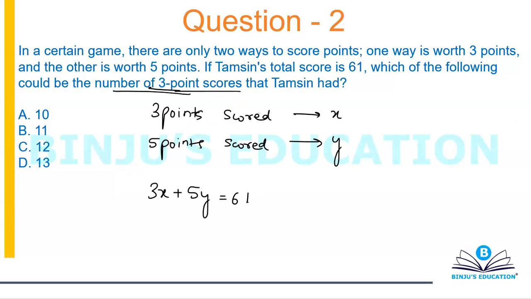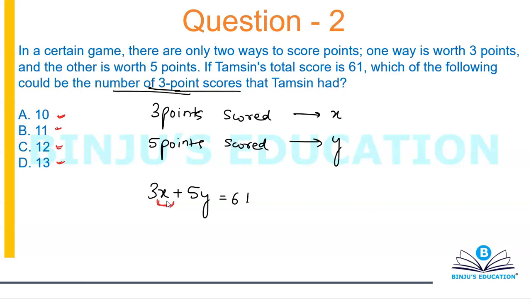Now if a question of this type comes in the exam, you're supposed to plug in these values 10, 11, 12 and 13 one by one in place of x, and try to find out which gives you an integer value of y, because the number of 5 points scored will have an integer value.